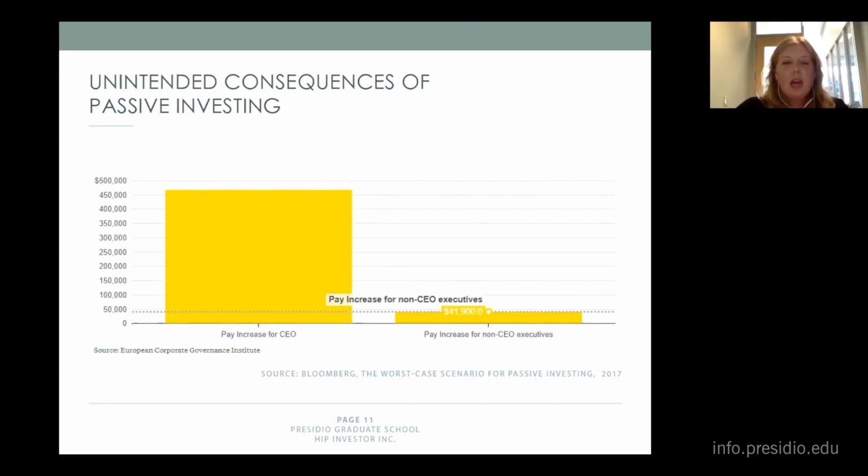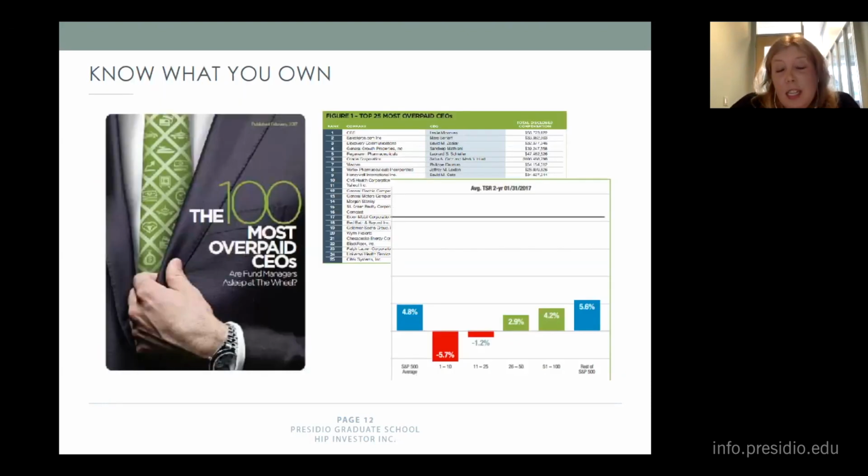But at HIP Investor, CEO pay is something that we pay a lot of attention to. It's, first of all, one of the metrics that we look at in our ratings. Anybody can go online and find the current ratios of CEO pay if you're looking at a particular company. Part of the work that we do at HIP is we actually calculate the CEO pay.